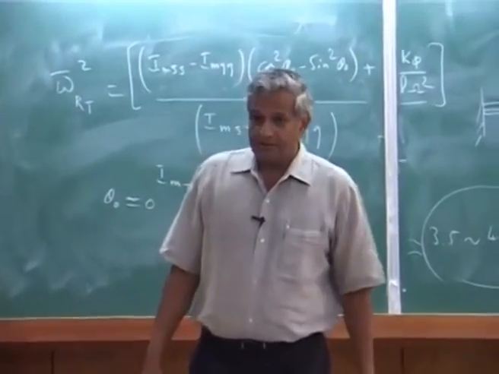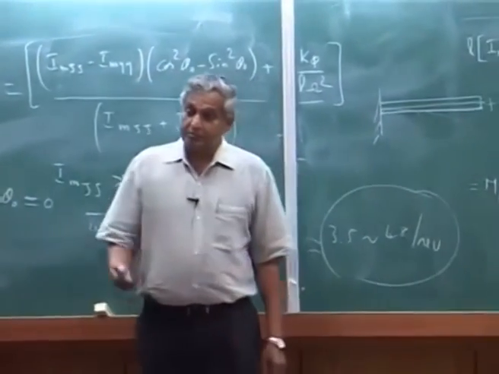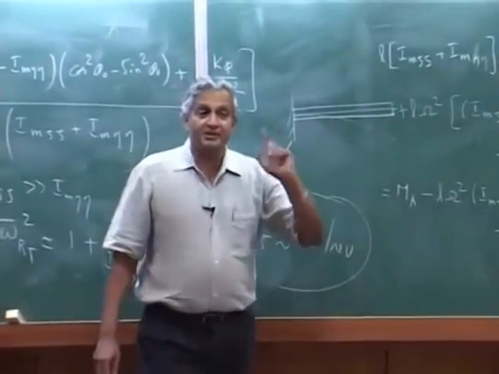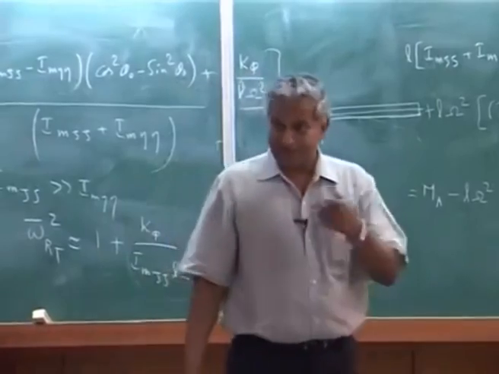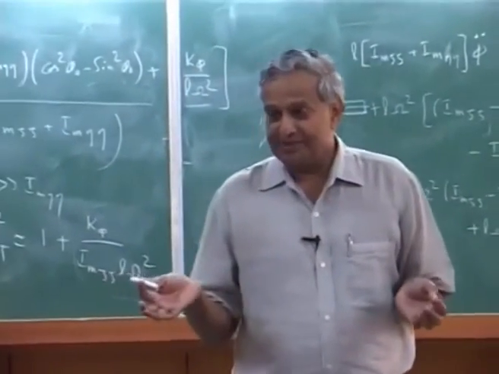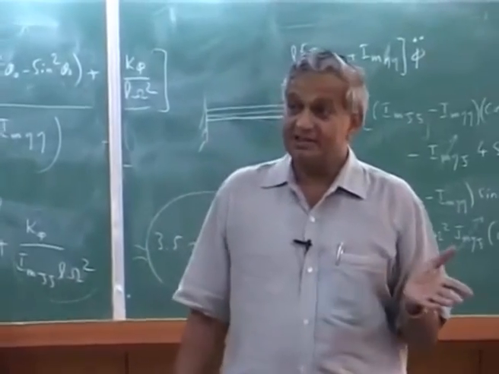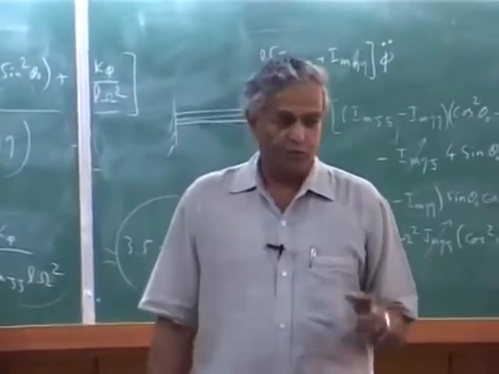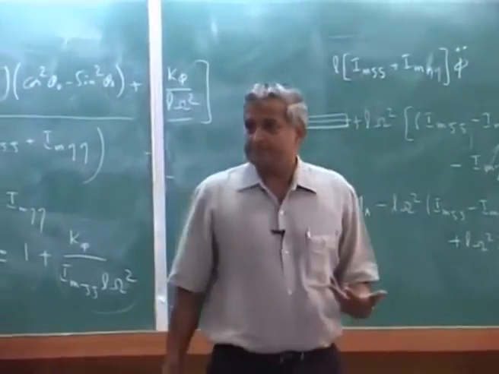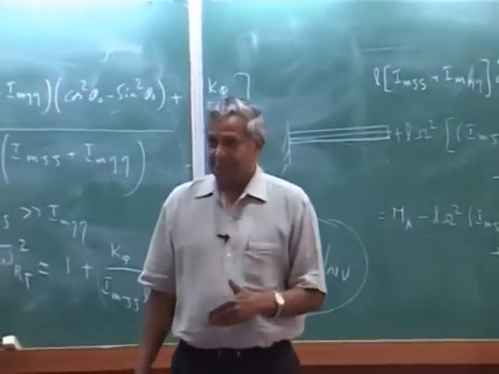You make an assumption that it's the same. The reference, you call it neutral axis. Neutral axis does not extend. That is basically called the inextensionality condition. If you impose that condition, then you can solve. So that is also done.